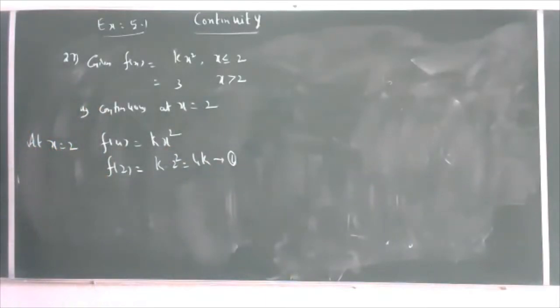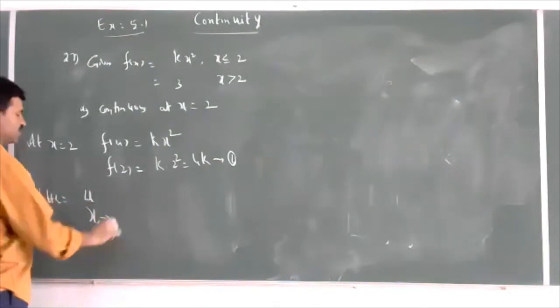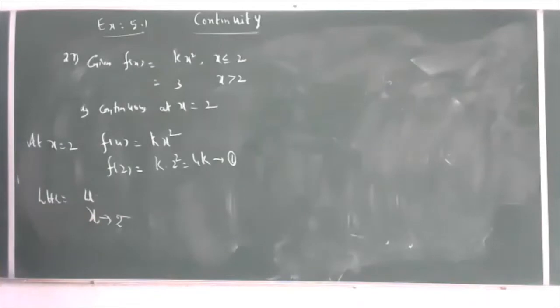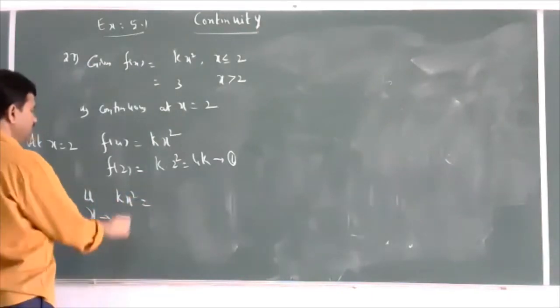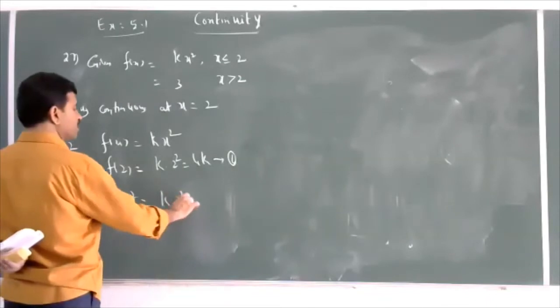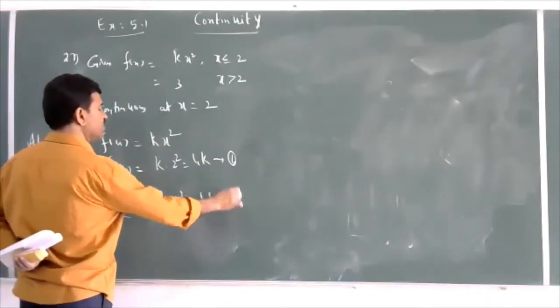Now find the left limit, as x tends to 2 minus. Left of 2 it is the same function, kx square only. This is also k into 2 square, 4k. So the left limit is also 4k.